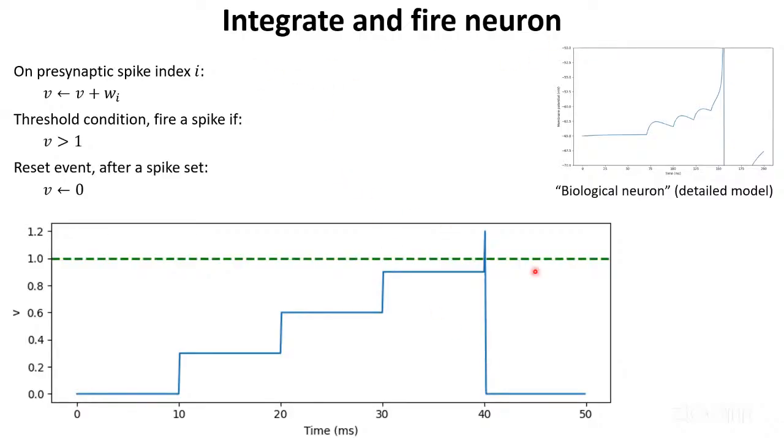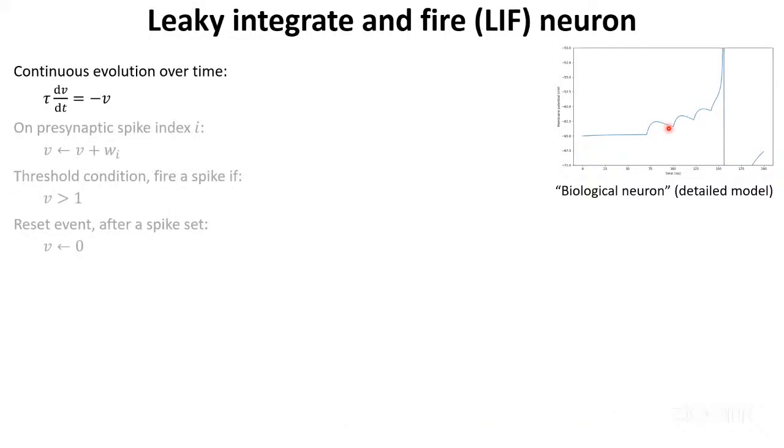The only thing that is missing here is that the potential does not decrease to the resting potential, and that's why we have to see what to modify, and that is where the newer model came into picture, which is called a leaky integrate and fire neuron.